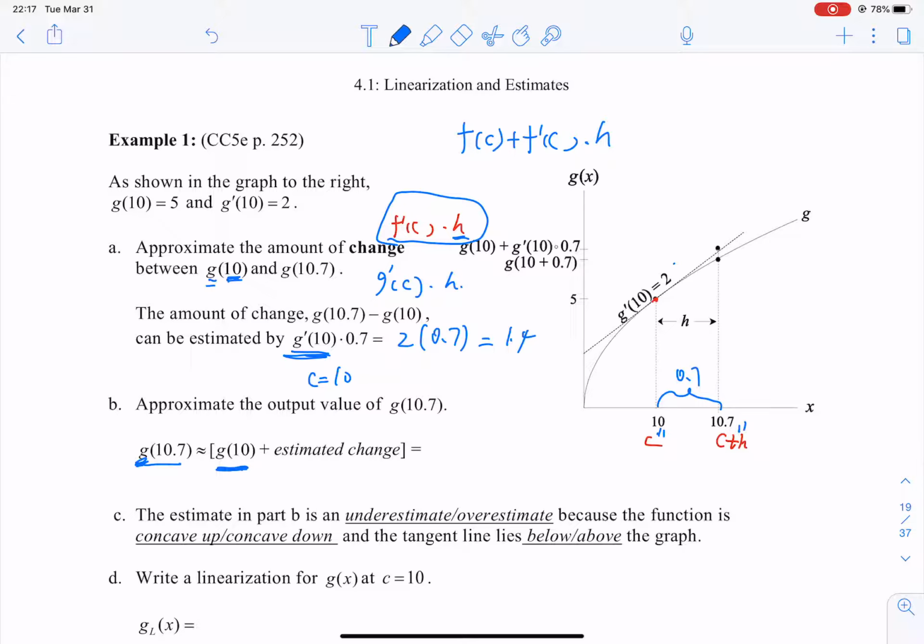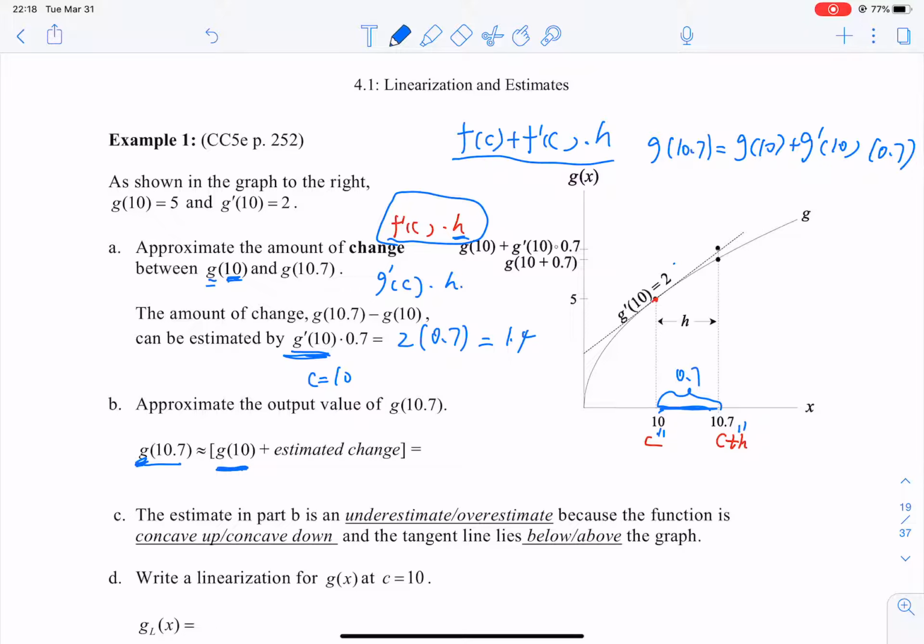So by using this formula, we have g of c, that is g of 10.7, equals g of c, that is g of 10, plus g prime of 10 multiplied by h, and h is 0.7.